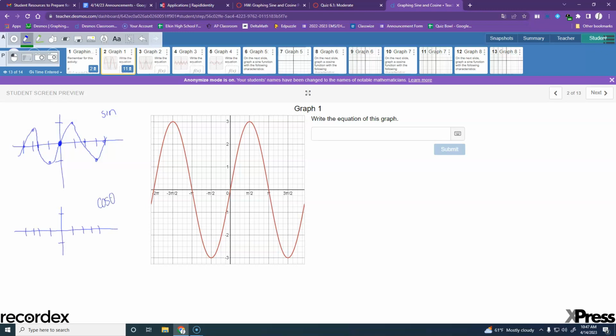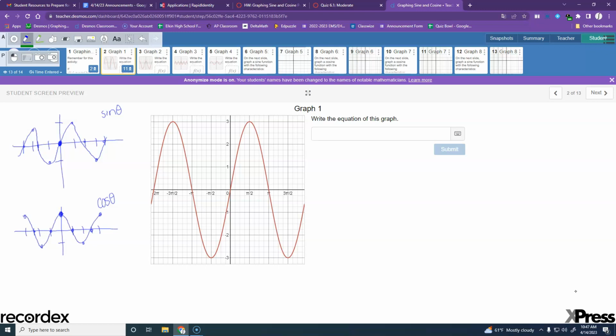Cosine is going to have a y-intercept at a maximum point, like so. Cosine originally looks like this.